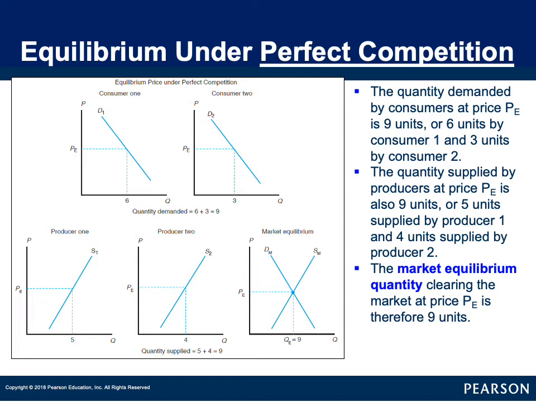In this example, consumer 1 wants 6 units, consumer 2 wants 3 units, and producer number 1 is willing to provide 5. Producer number 2 is willing to provide 4. So at equilibrium, there are 9 units provided for the consumers that are demanding 9 units. That's the nature of equilibrium.